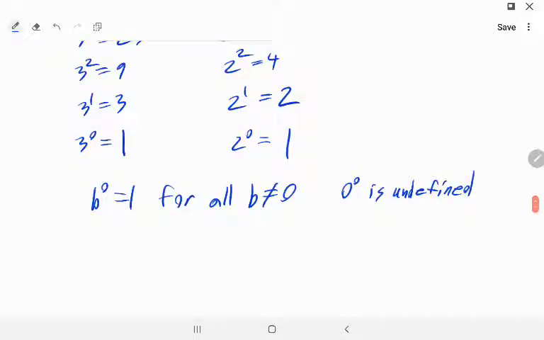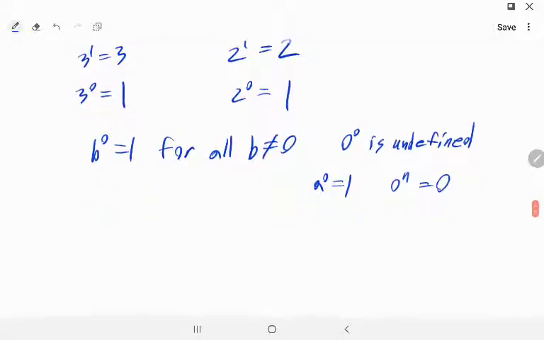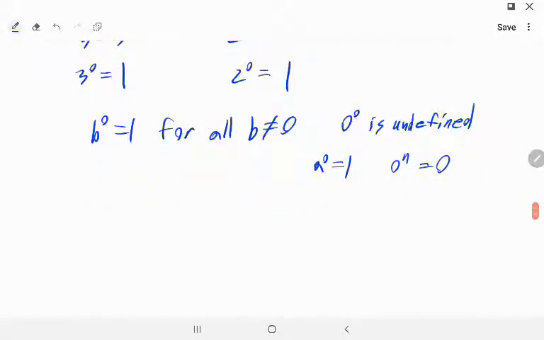Pretty much this winds up being because we don't know whether we'd like a to the 0th to be 1, but we'd also like 0 to the nth to be 0, and so we can't decide which one 0 to the 0th should fall into. So 0 to the 0th is undefined. So otherwise, we know b to the 0th is always 1.